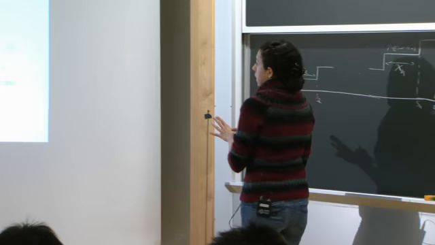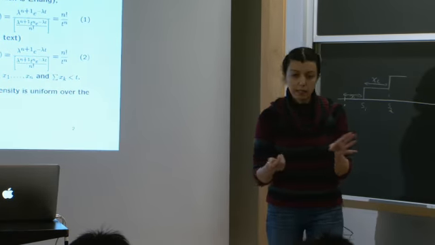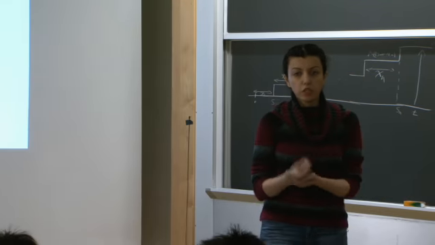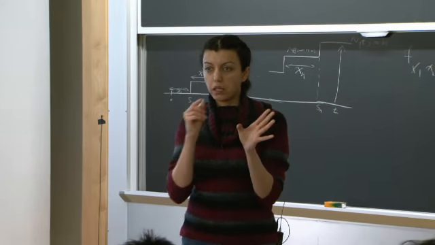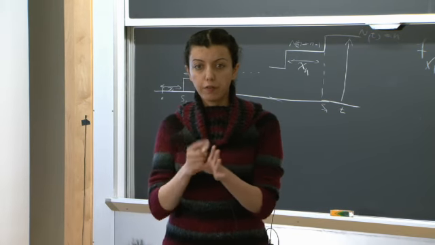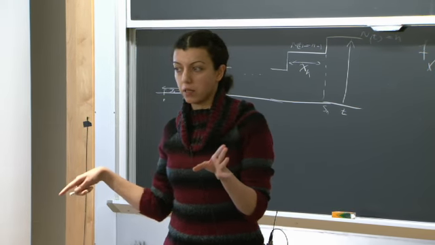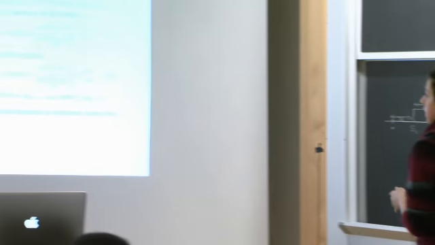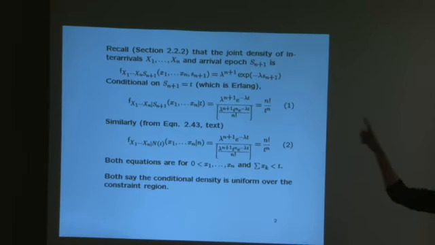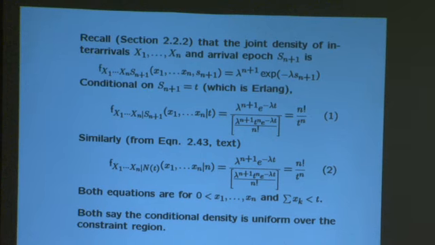Previously, what we had was the conditional distribution of arrival times conditioned on the last arrival, f of S1 to Sn conditioned on S_{n+1}. But here we have the distribution of x1 to xn conditioned on S_{n+1}.